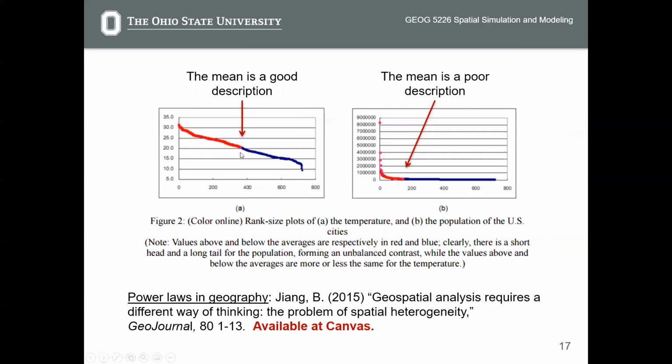Because the distribution here is non-power law, if you calculate the mean of cities, you can see that the average number of cities is right here in the center of this plot.